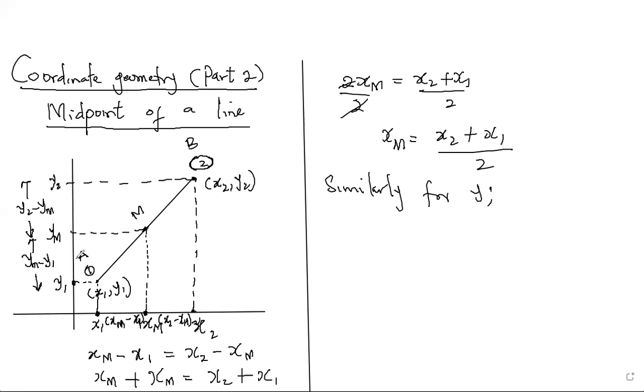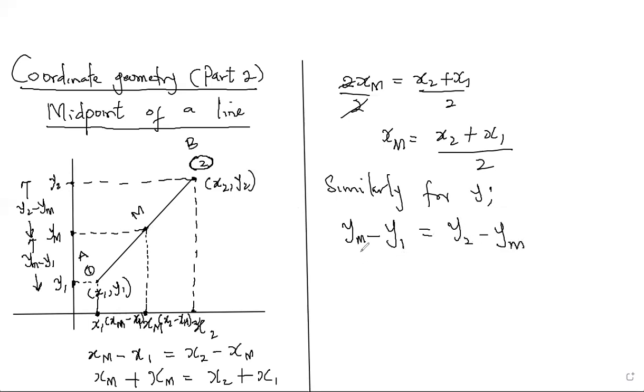If this M is a midpoint of the line that connects these 2 points, then ym minus y1 must be equal to y2 minus ym.